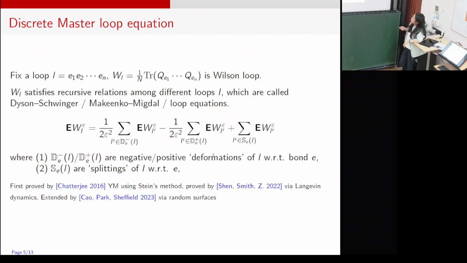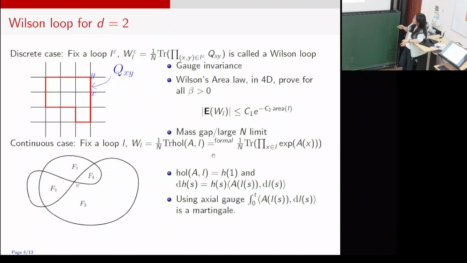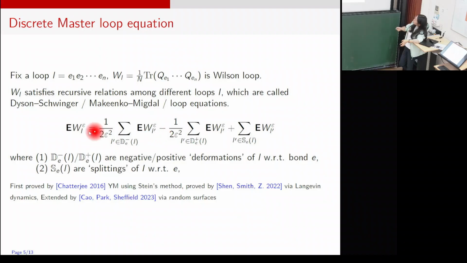And now we want to go to this master loop equation. And we already find we have different types of loops. If we fix this loop L, and this is our Wilson loop, this Wilson loop will satisfy some recursive relations for different loops.